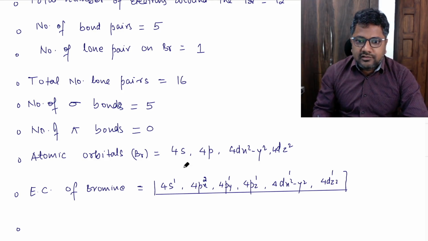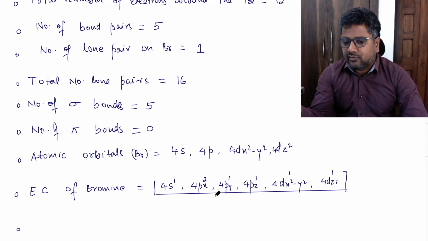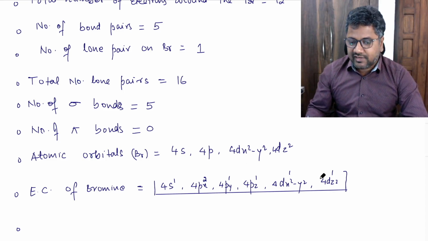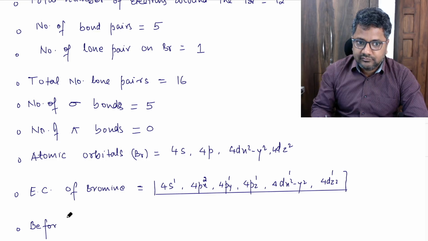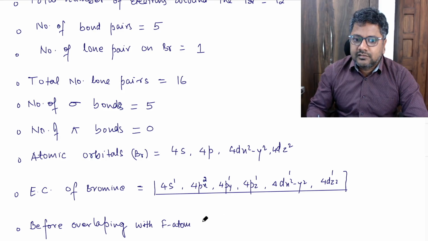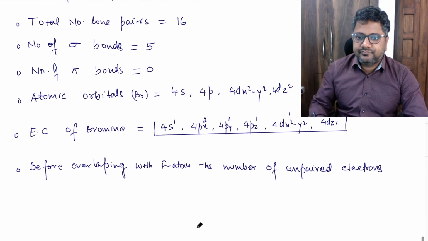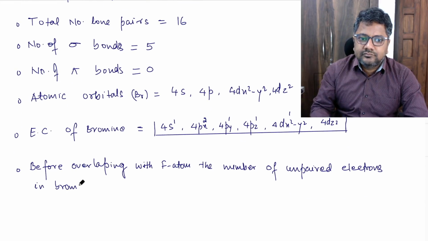Although after the formation of the molecule there is no unpaired electron, before hybridization, before overlapping with the fluorine atom, the number of unpaired electrons in the bromine atom is 5: 1, 2, 3, 4, 5. Right?